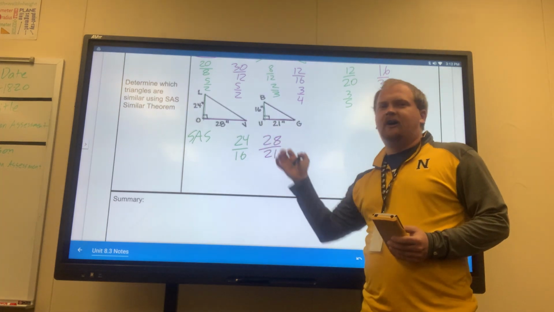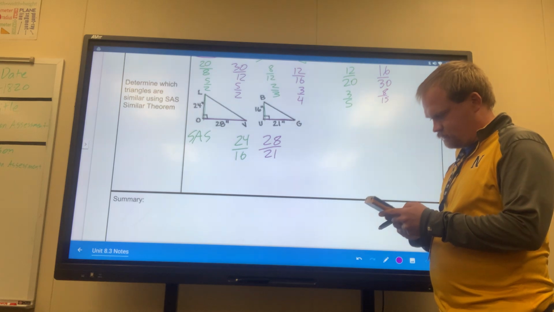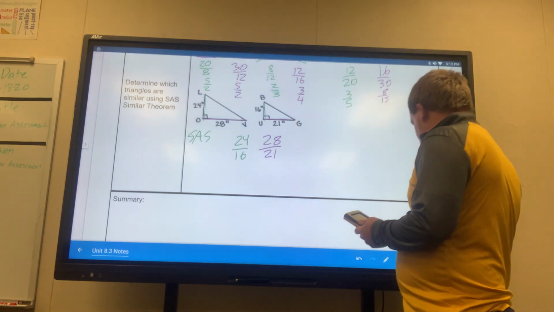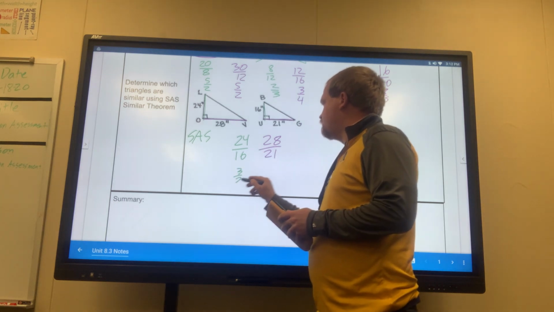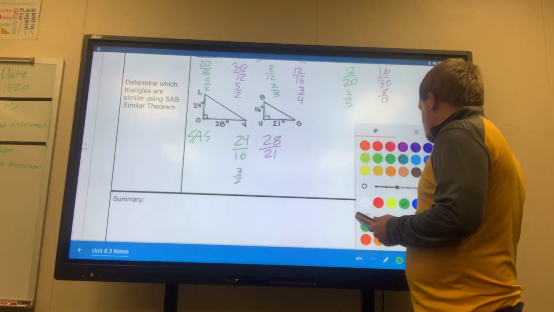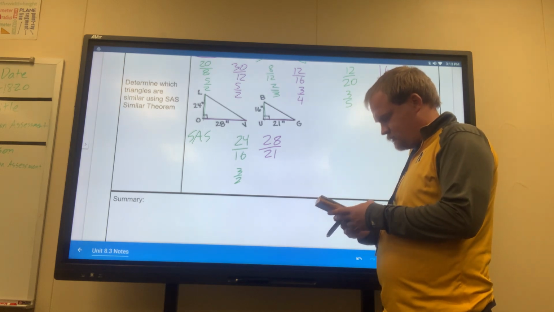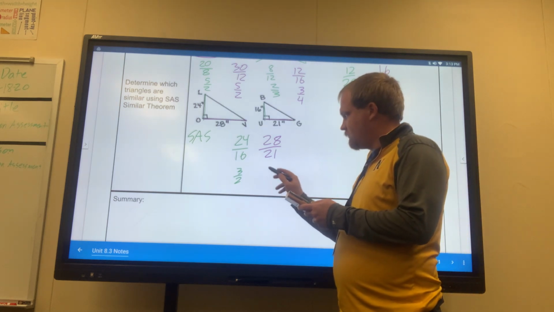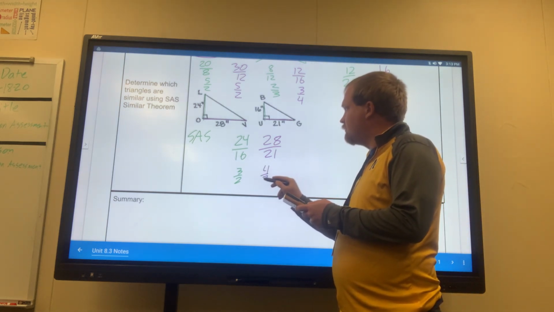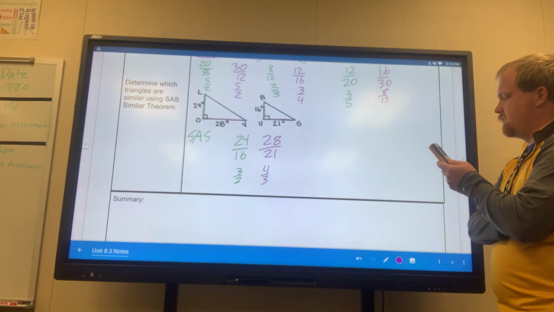Now, I want to simplify both fractions. So this gives me 3 over 2, and 28 over 21 simplifies to 4 over 3.